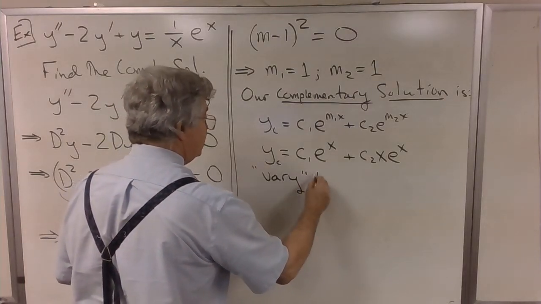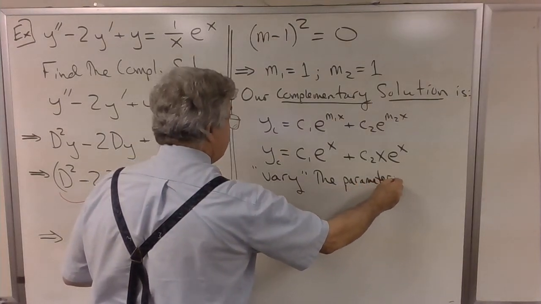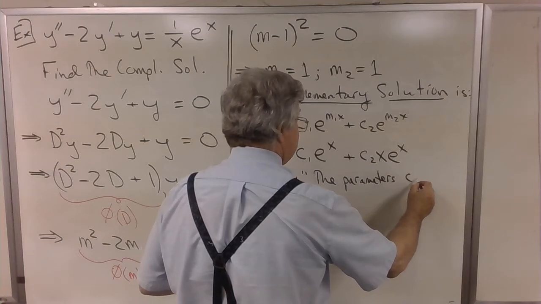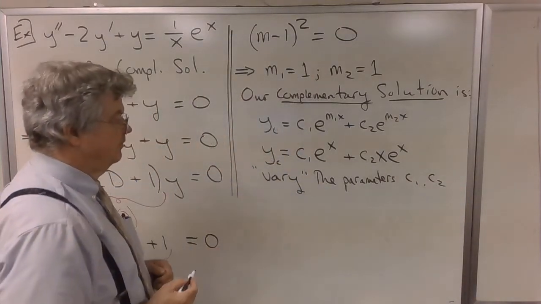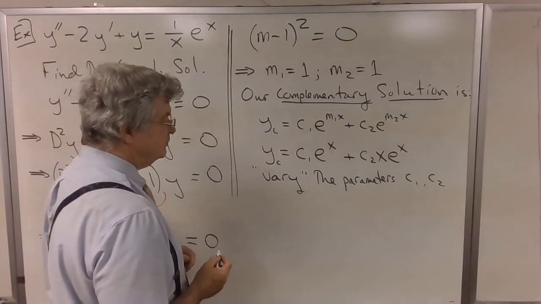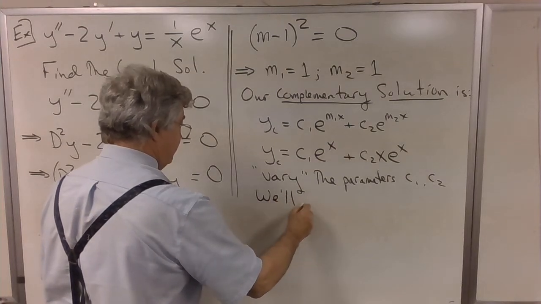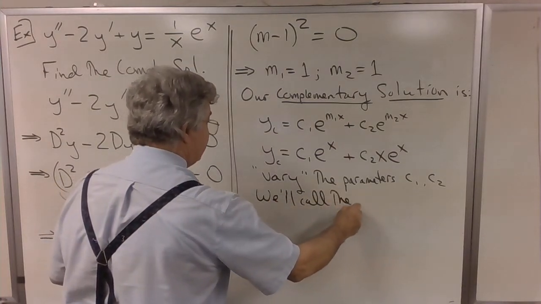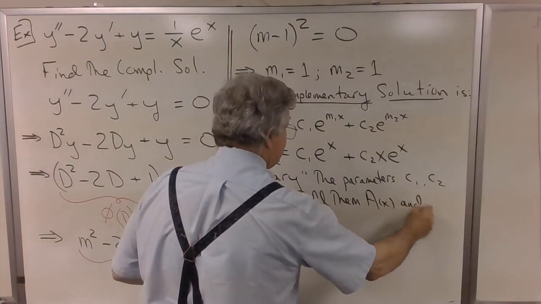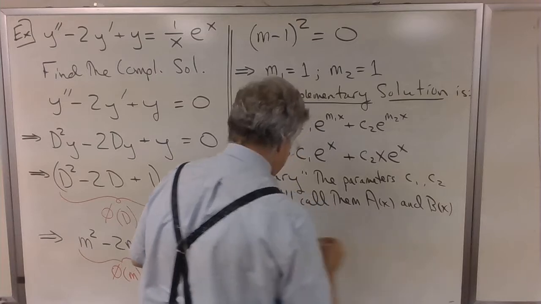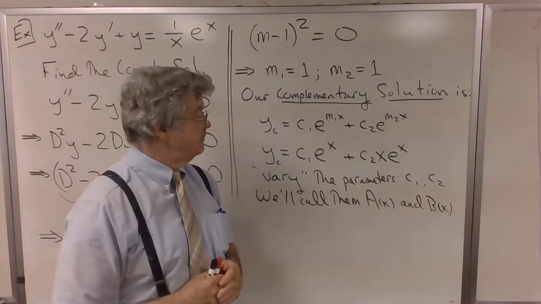So we vary the parameters C1 and C2. We'll call them A of x and B of x, respectively.